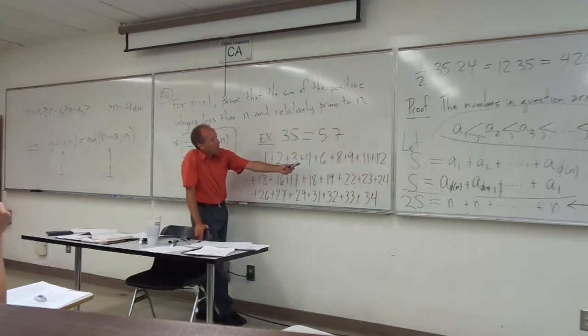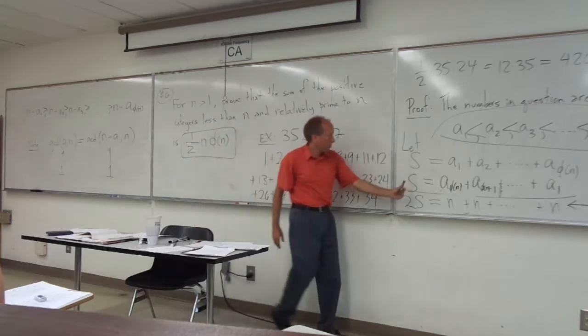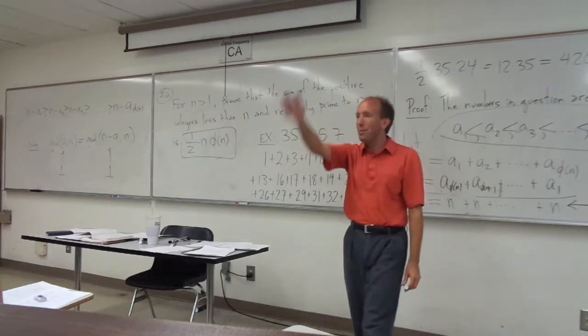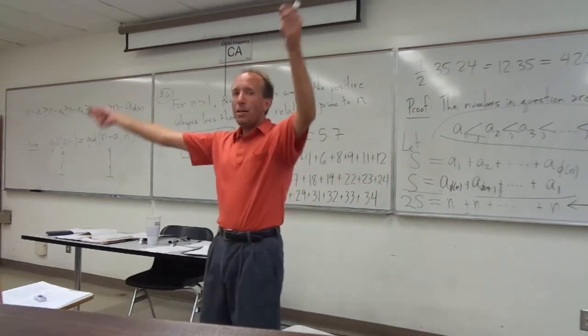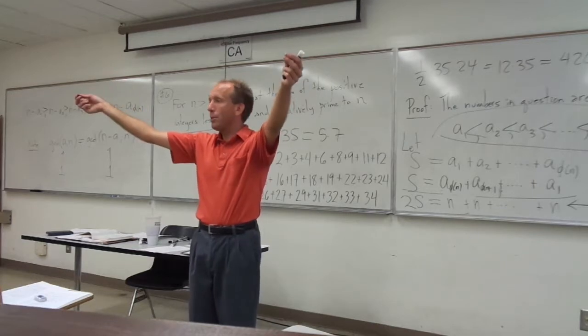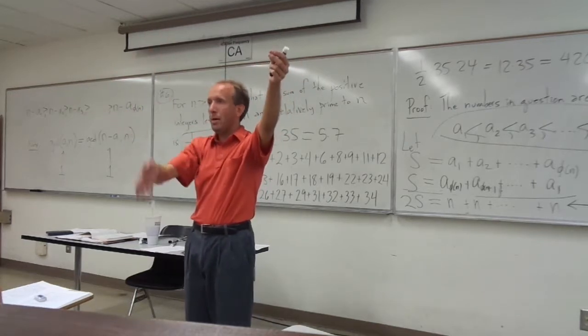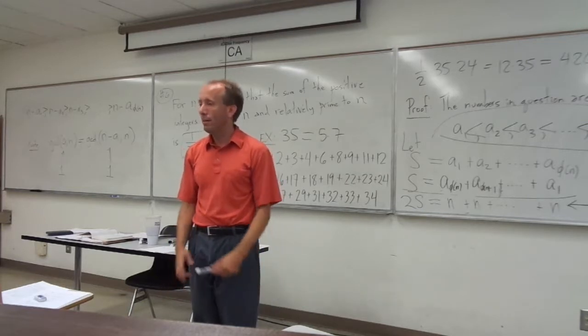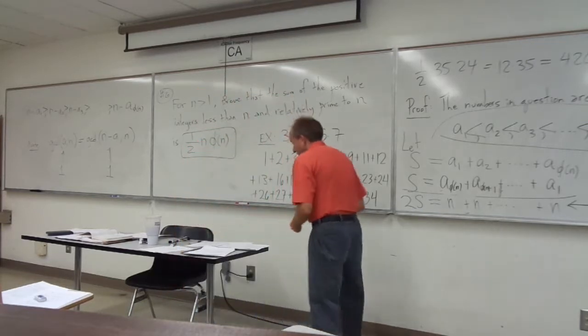But I could just as well have added them in the reverse order. It's really what this proof is. As long as you understand that mirror concept, you take two numbers that are opposite to each other across that mirror boundary, they will always add up to n. In this case, 35.